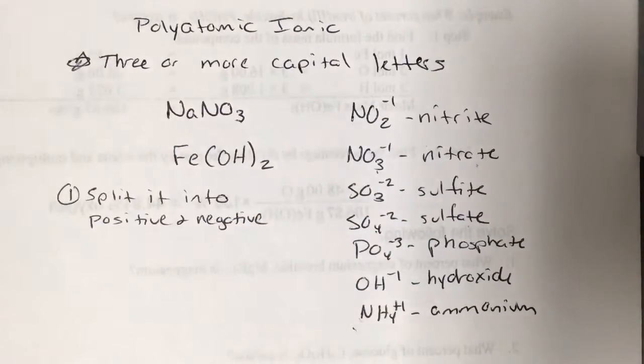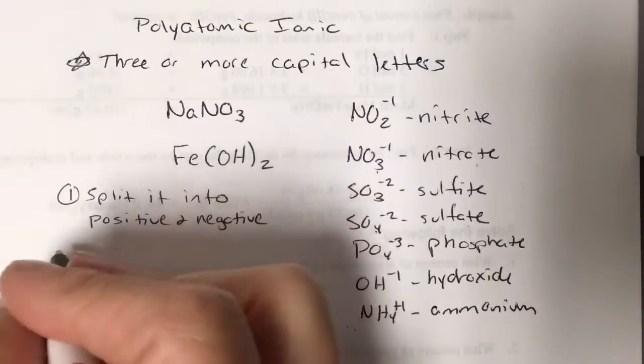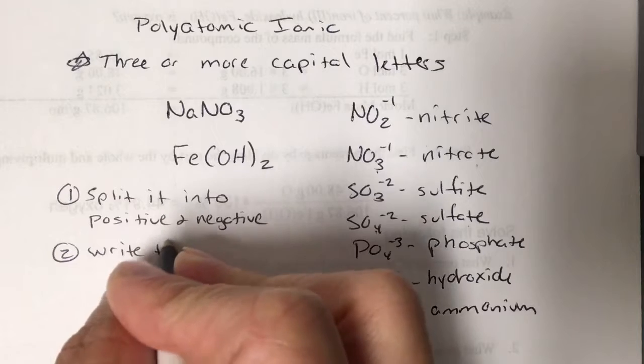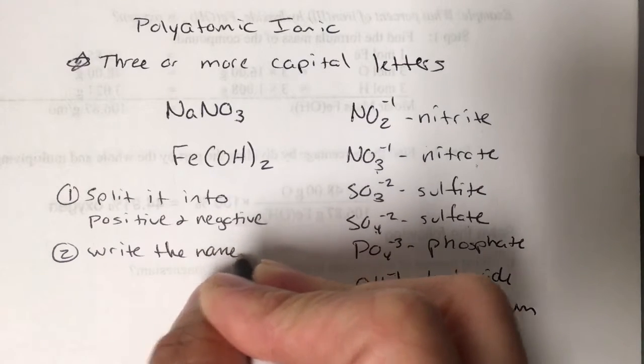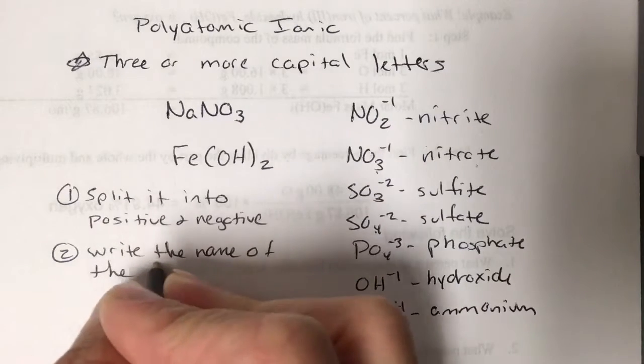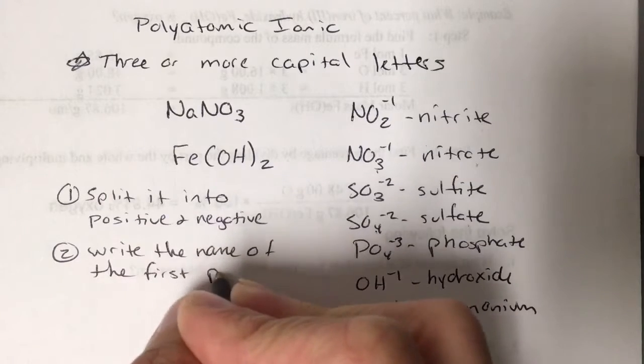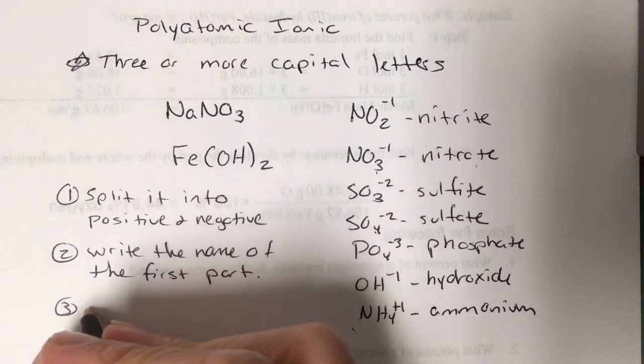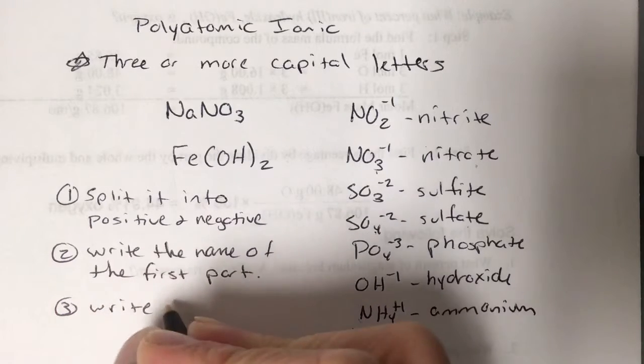There'll be a positive ion and a negative ion because it is ionic. We'll write down the name of the first part. We'll write the name of the second part. No endings to change this time. Just write the name.